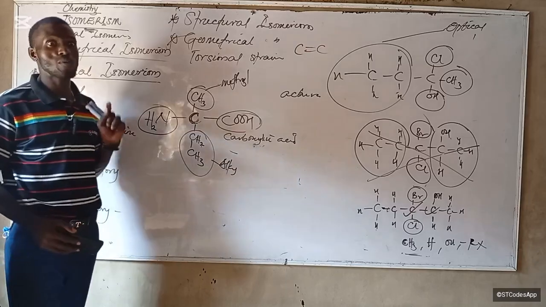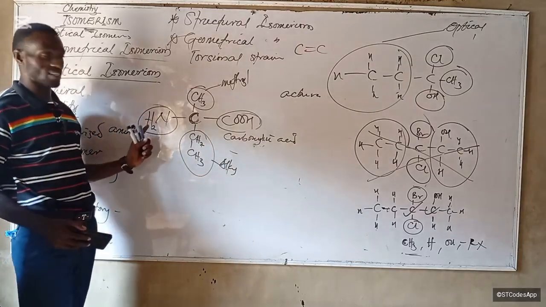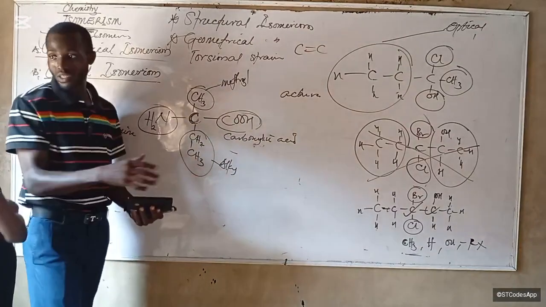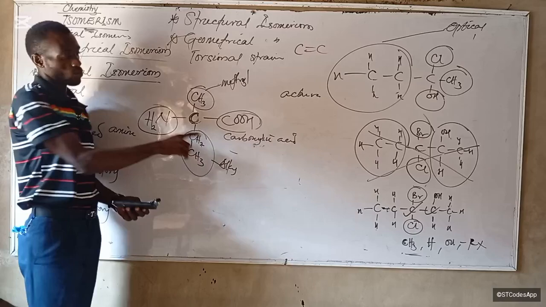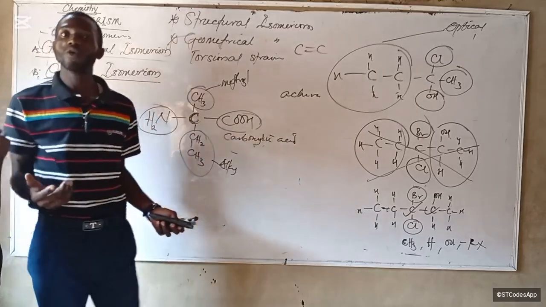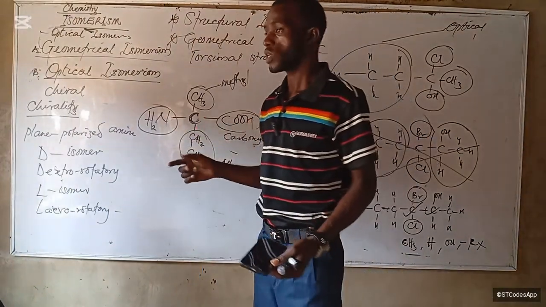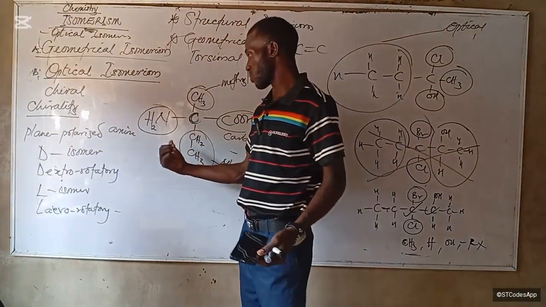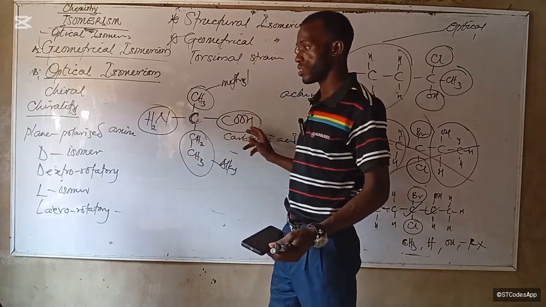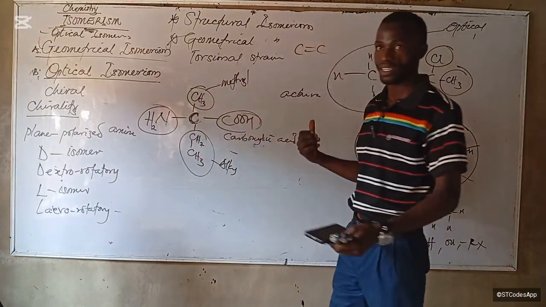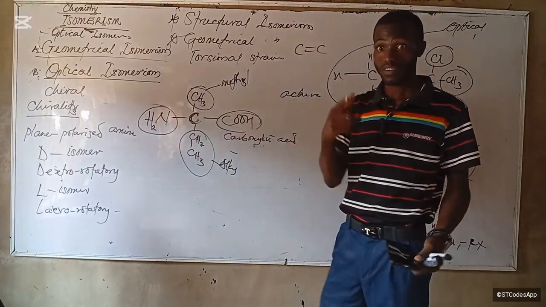But lateral inversion is just the letter that changed. If you check this in a mirror, where will you see this COH? On this side. Or where will you see this guy? On this side.